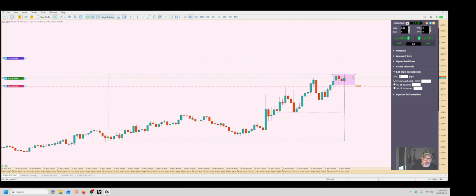All right, so I'm going to go ahead and delete this. And I'm looking to close this 5-minute candle above the high of this candle, and then possibly take this higher.